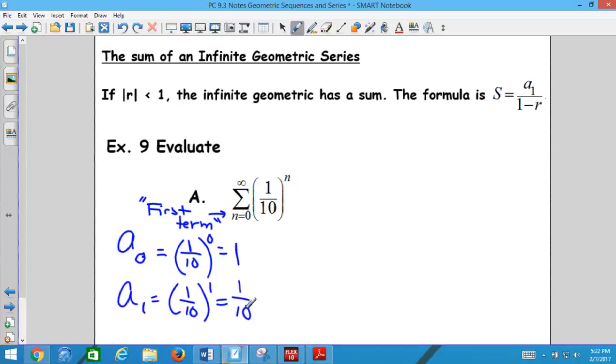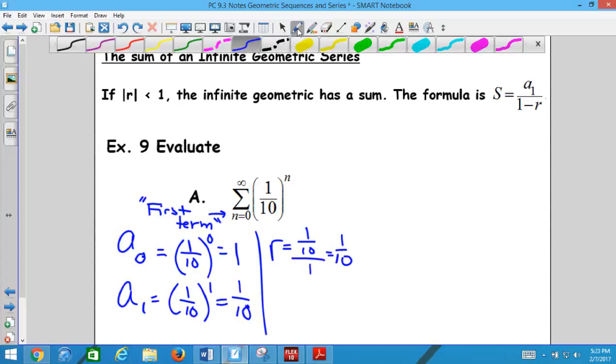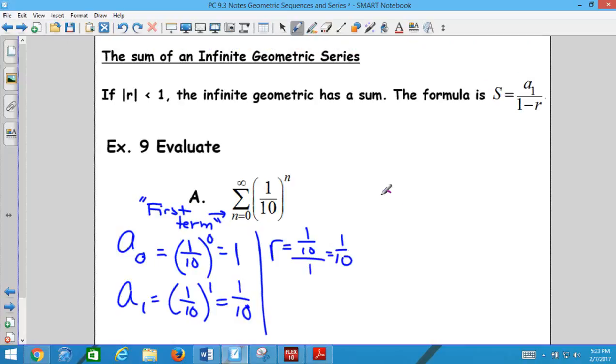And I'm going to use that information to find my rate. My rate is equal to 1/10 divided by 1. So 1/10 is my common ratio. And then the formula says a sub 1, but it's not necessarily a sub 1, it is the first term.